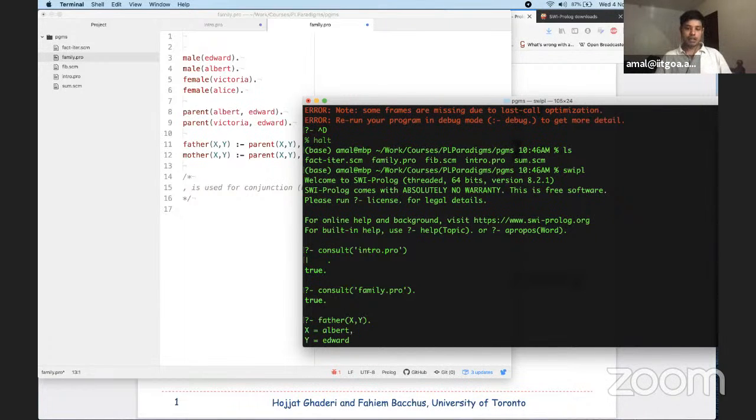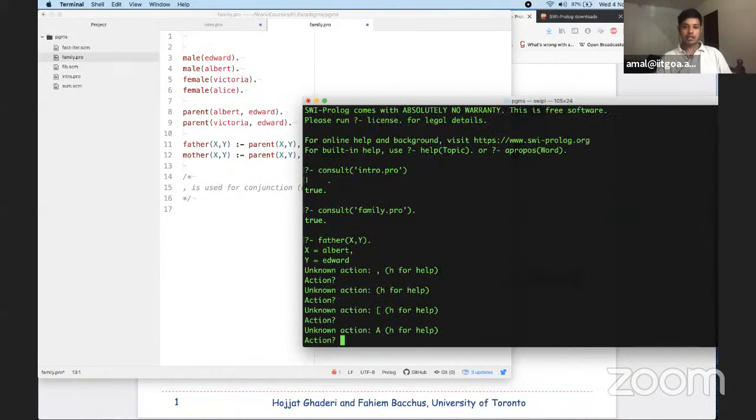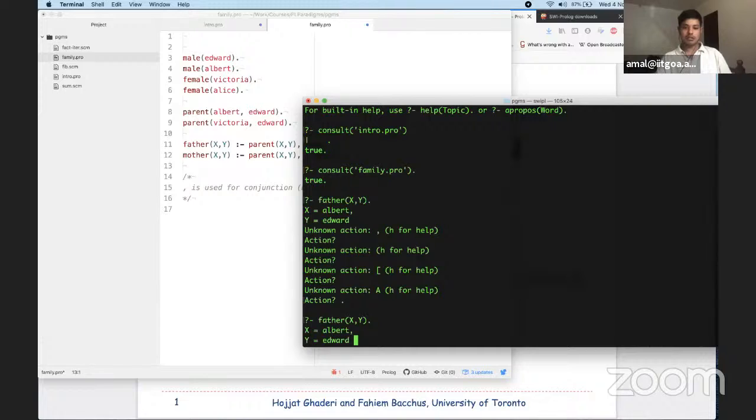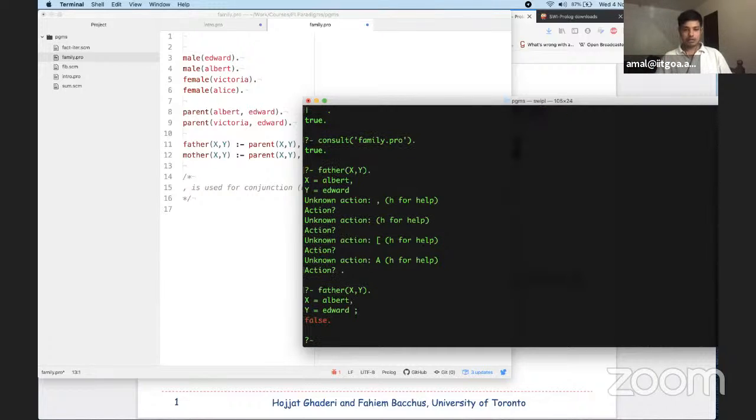X is Albert and Y is Edward, then father of X, Y is satisfied. And is there anything else? And there is nobody else. That's the only solution. That's why it says false, because that's the only solution.